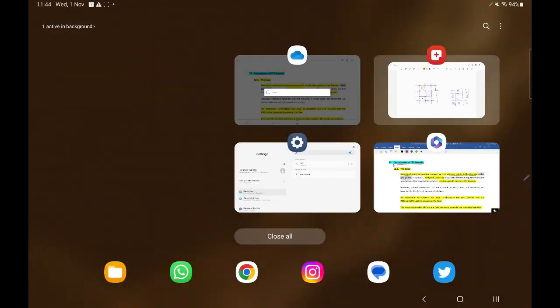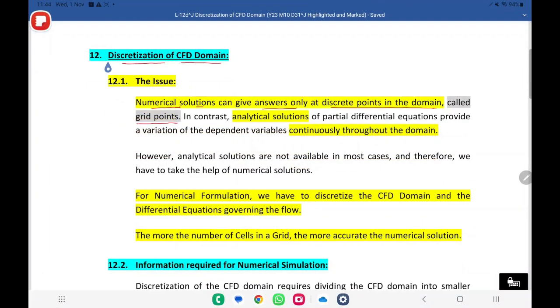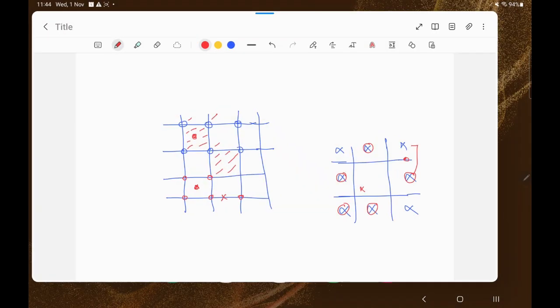Okay, so coming back to this, now when you talk about analytical solutions, partial differential equations provide a variation of the dependent variable continuously throughout the domain. Now if you are going by the partial differential equation analytical solution, then what is going to happen? If you have this domain, you are going to get a value throughout. You will get an equation.